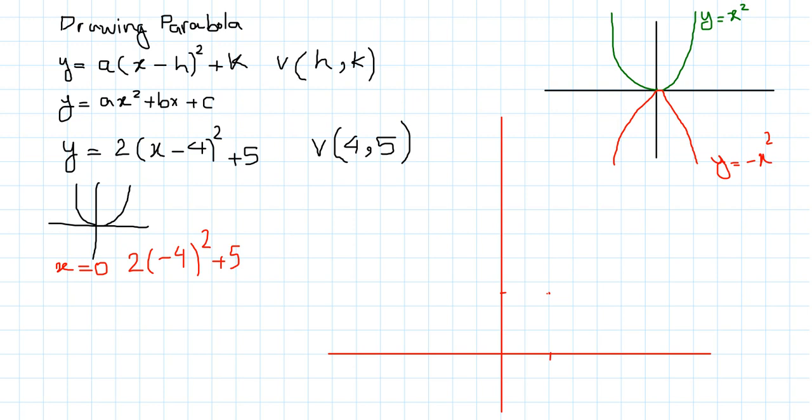Suppose that the answer is 37, so y is 37. I know it intersects the y-axis there. So this is the graph. Or by another way, I usually can draw it like this.